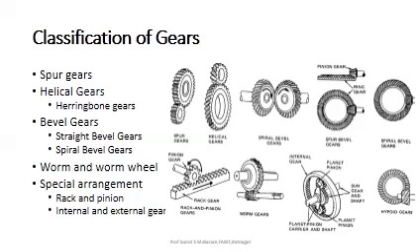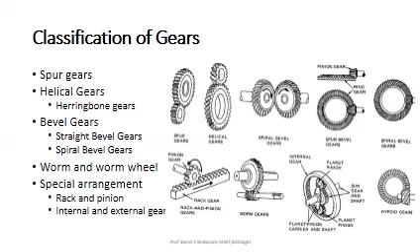So those two shafts are in different planes. We have to transmit the power between such shafting conditions by means of a worm and wormwheel. The worm is the input and the wormwheel is the output. The worm is in the form of a threaded shaft.